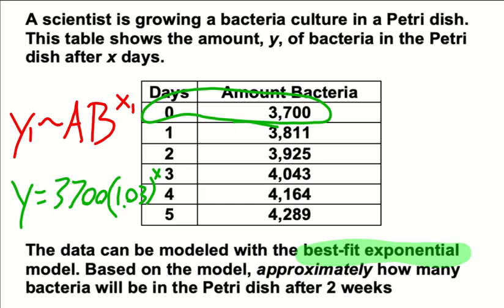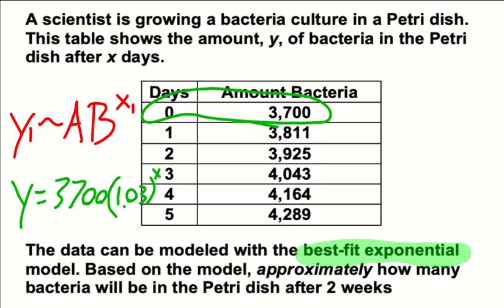All right, everybody good with how we got that function? So now we're looking at what it's asking here. It's asking how many bacteria will we have after 2 weeks? So we got two options. Once we have that in Desmos, once we got the table, we got days as our x value.